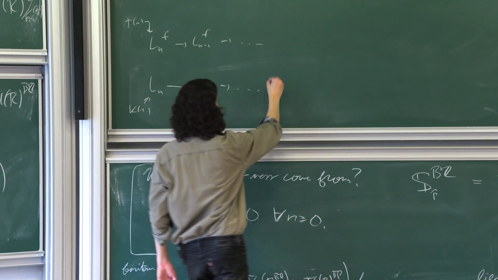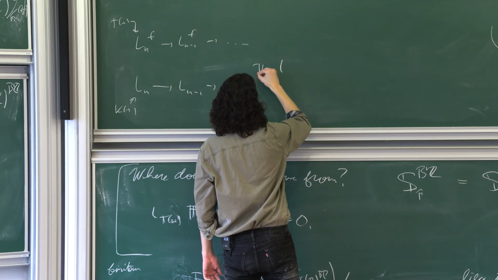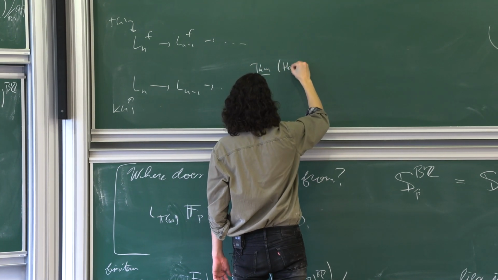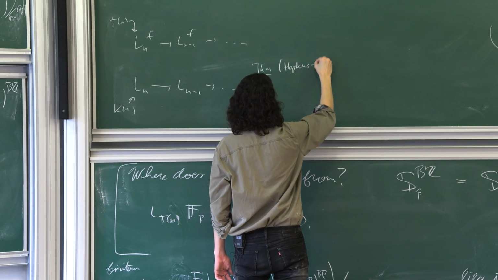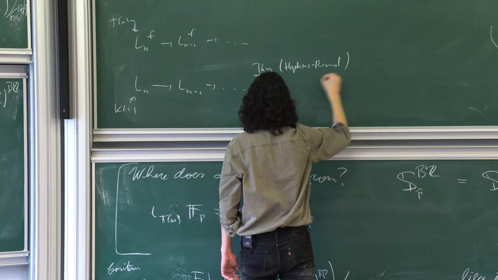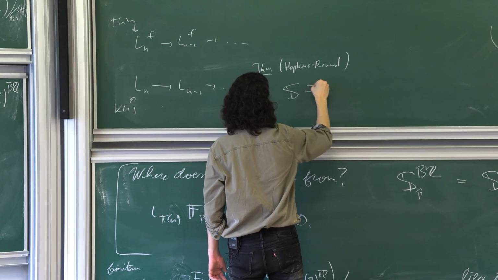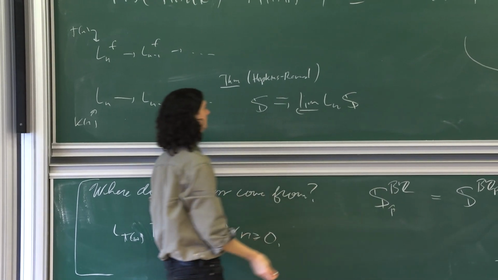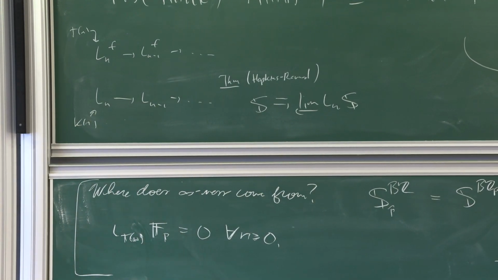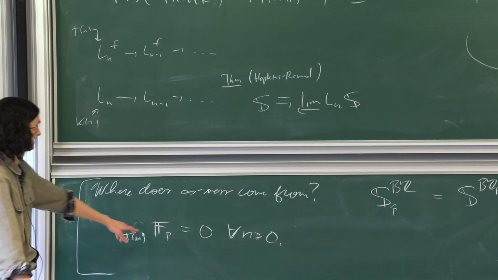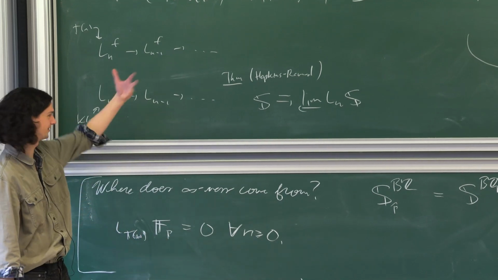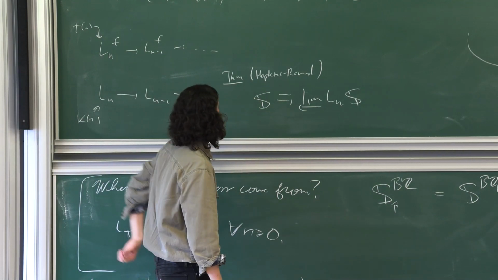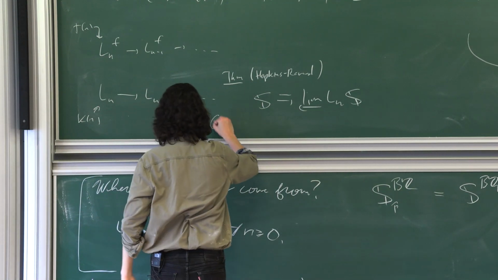So there's a theorem of Hopkins and Ravenel that the sphere spectrum is the inverse limit of Ln of the sphere spectrum. So that's the chromatic story. It fails for Fp, for example, but when you take the sphere spectrum, it works. And now here's a question.